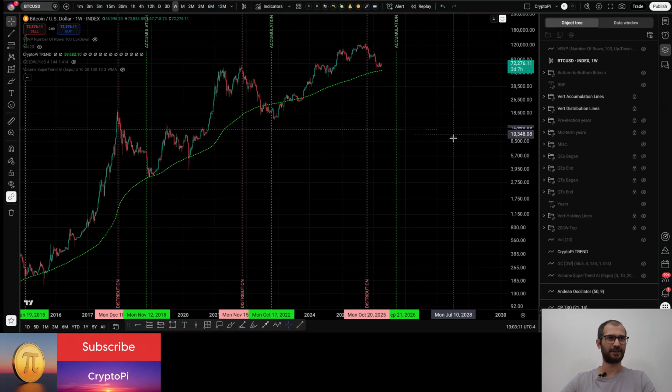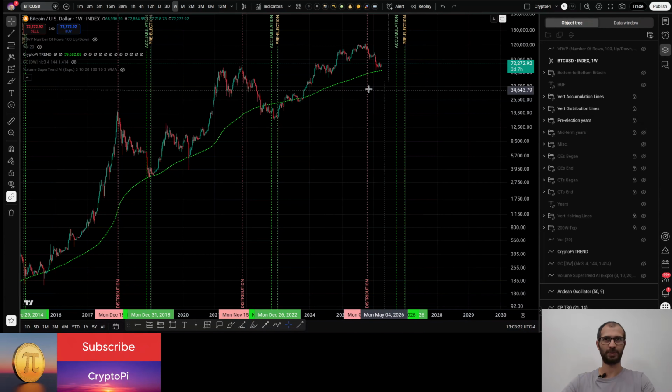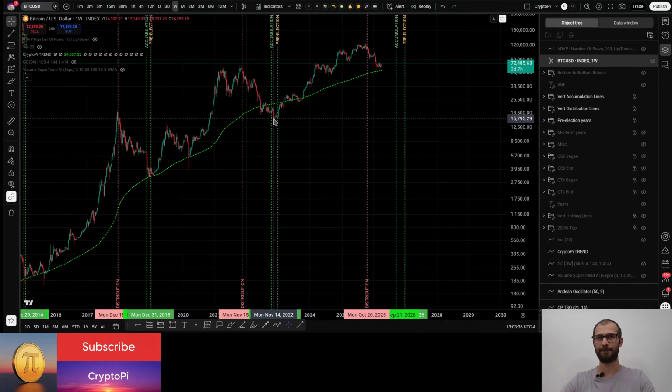Based on this analysis, we identified when price bottoms for Bitcoin in the bear market years. Usually, it is between these two lines. Price crosses the accumulation line over here, then there is a major drop of 20%, sometimes 50%, and then price goes sideways into the accumulation phase, and when the pre-election year begins, we start seeing some bullish momentum in the price action.